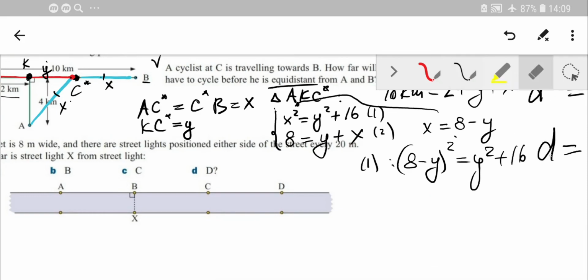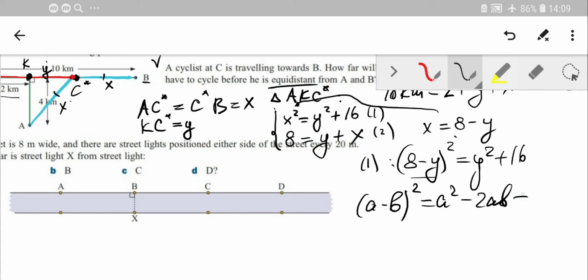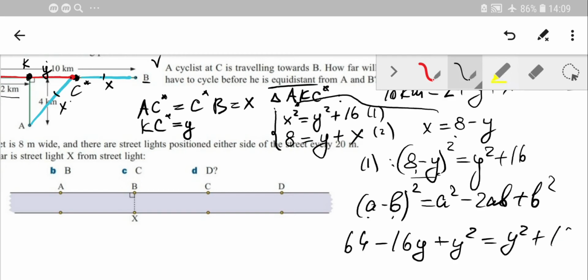We need to expand brackets. I'll use the formula a minus b squared, which is a squared minus 2ab plus b squared. So a is 8 and b is y, and we'll get 64 minus 16y plus y squared equals y squared plus 16.